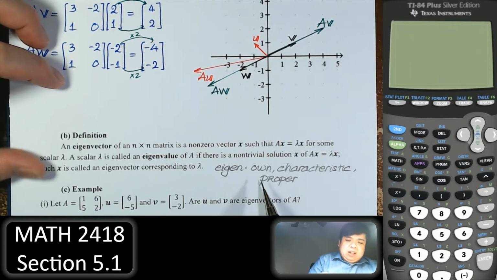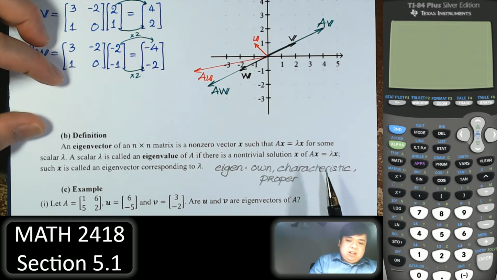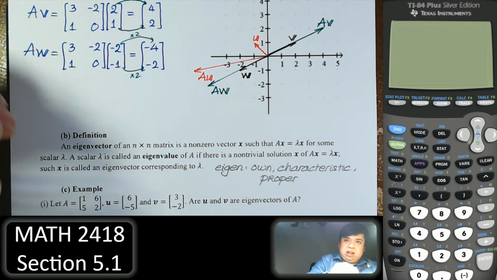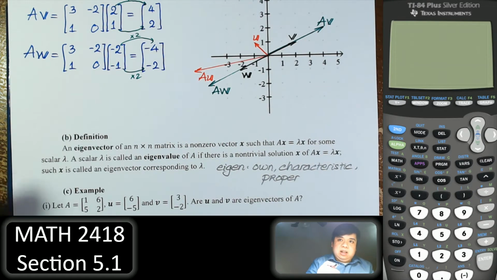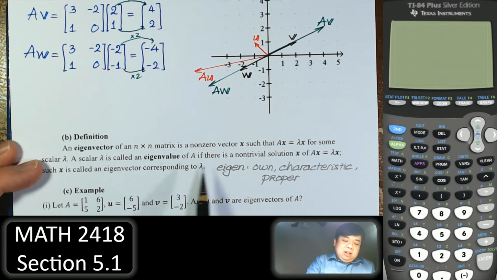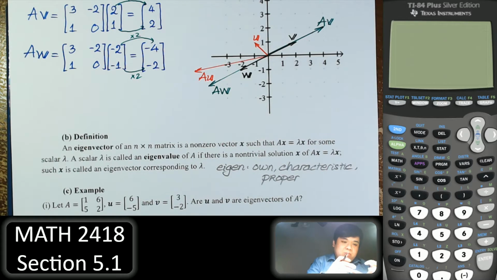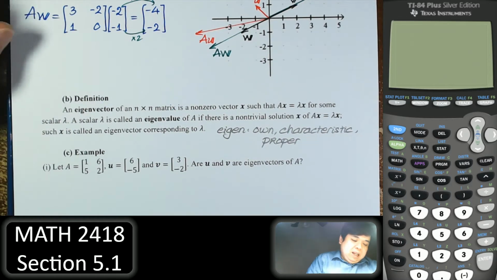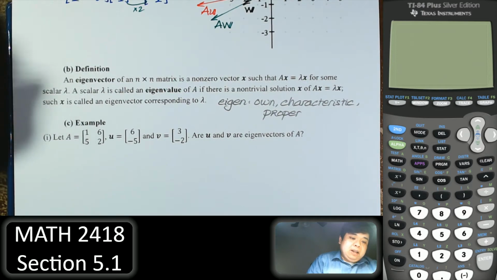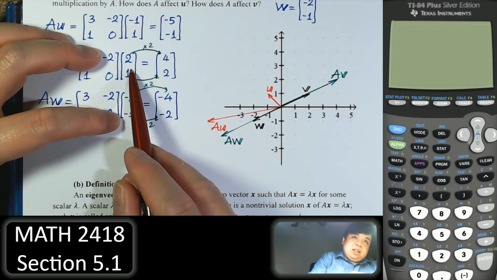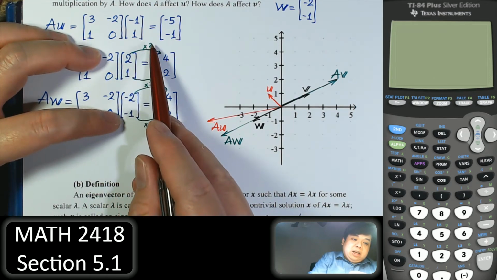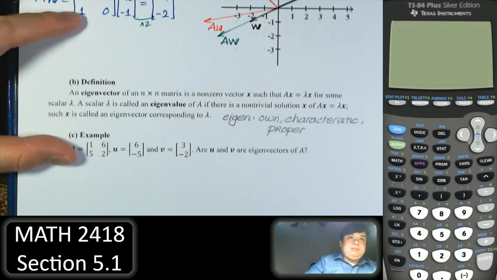The meaning own or characteristic is that it is a characteristic of a matrix, I think. Own means its own values, something that belongs to a matrix. Now, in this example, (2, 1) is an eigenvector and the number 2 is the eigenvalue.